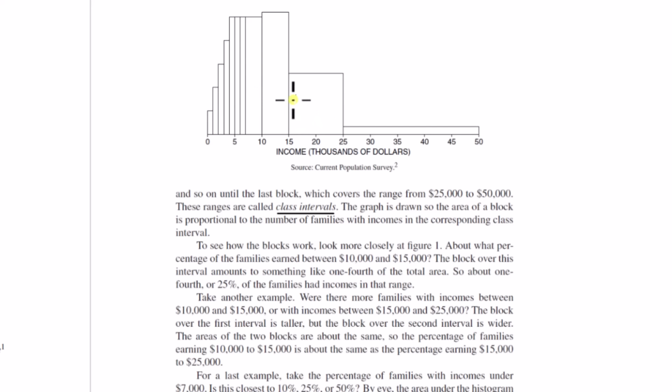The incomes between 15 and 25, we could say, is about 25% of the total of all the families, and this is about 25%. And that's what it says here. The block over the first interval is taller, but the block over the second interval is wider. The areas of the two blocks are about the same. So the percentage of families earning $10,000 to $15,000 is about the same as the percentage earning $15,000 to $25,000.